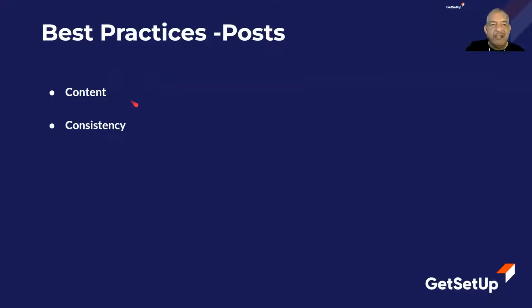First is content, then consistency, in the sense that we post regularly. I have seen many individuals draw up a schedule that every week they were going to put up something on the platform. So there comes in consistency.